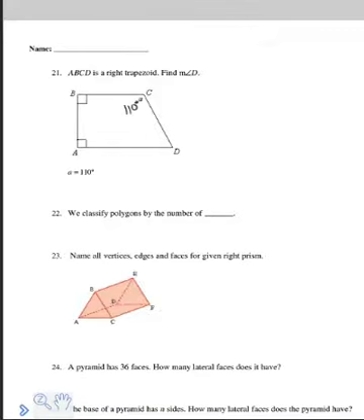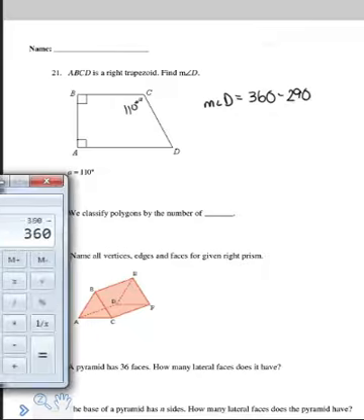These are 90. So 110 plus 90 is 200, plus another 90 here for angle A is 290. So the measure of angle D equals 360 minus 290, and equals 70.